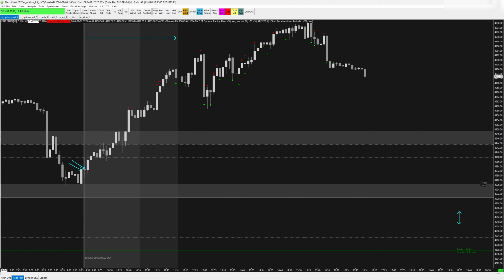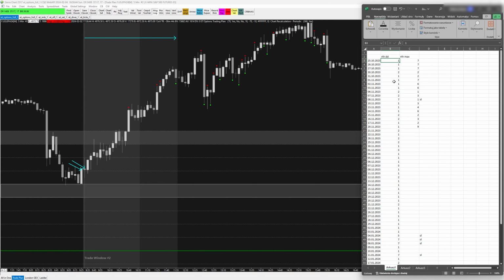Now, let's get back to the stats. You can see the average drawdown during this period if you would enter at the very open or close to the open. Most of the time we have 1 unit of risk as the maximum drawdown, so it's 1 or less.